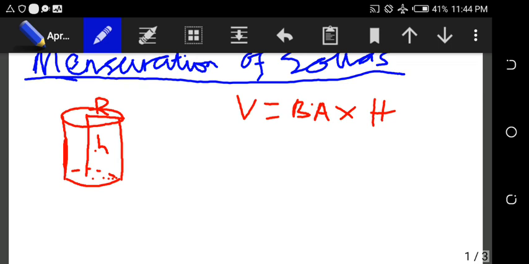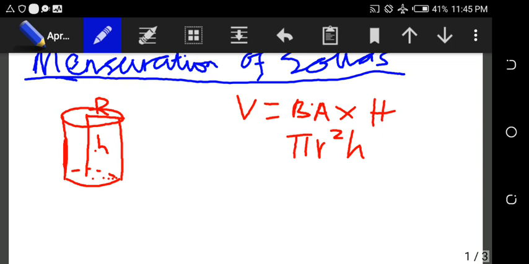So the area of the circular base is pi r squared, times the height h. Therefore this is the formula for the volume of a cylinder. It is given by pi r squared h. The pi r squared is the area of the circular base, then the h for how high the cylinder is, and then that will give you the volume of the cylinder.